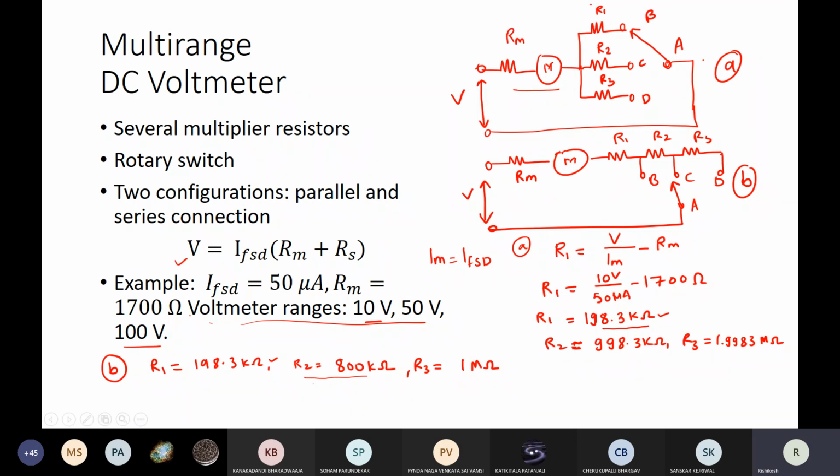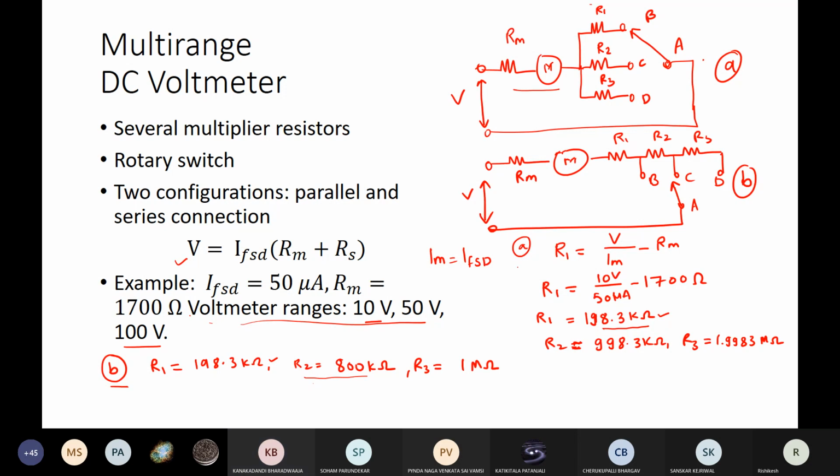Now, which one is better to choose, configuration A or B? Perhaps series, maybe, because these resistances are easier to find.